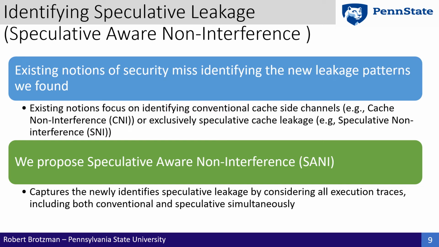Neither of these can identify that there can be leakage based only on the fact that speculative execution happens or not. We propose SANI, or Speculative-Aware noninterference, and the idea is that we can capture this new speculative leakage by considering all execution traces, both non-speculative and speculative.